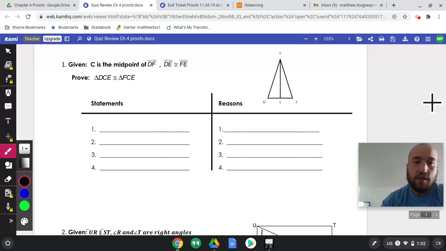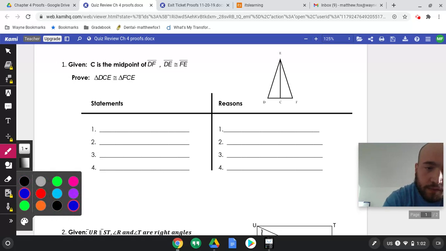So if we look here, the first thing we're always going to do in a proof, remember, is start with our given. So in this case, our given is C is the midpoint of DF.